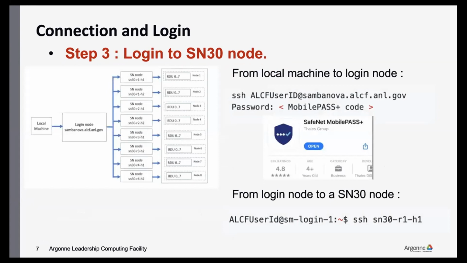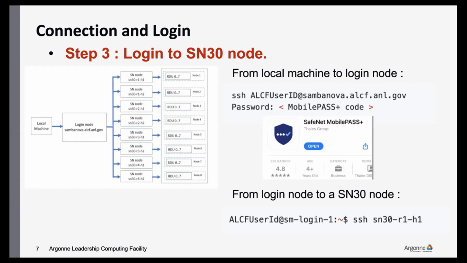Once you have the access, the next step is to physically log into these SN30 nodes. As you can see from the figure here, you have your local machine. This is a two-step process. First, you log into one of the login nodes using your username at sambanova.alcf.anl.gov.